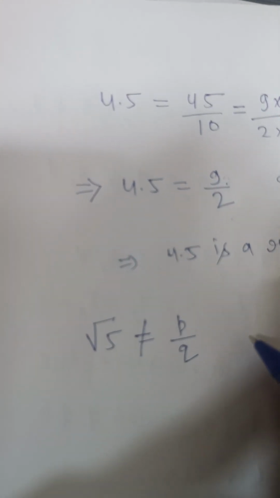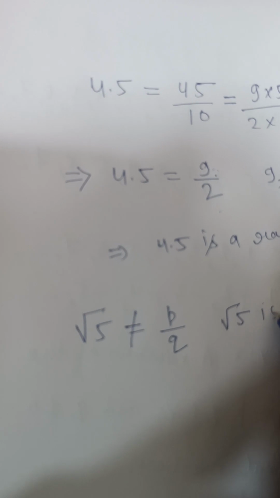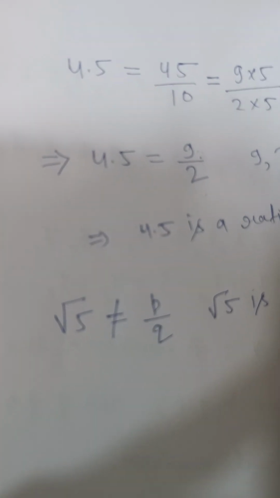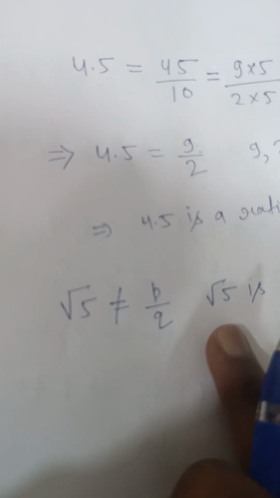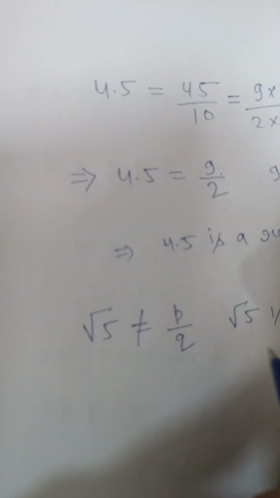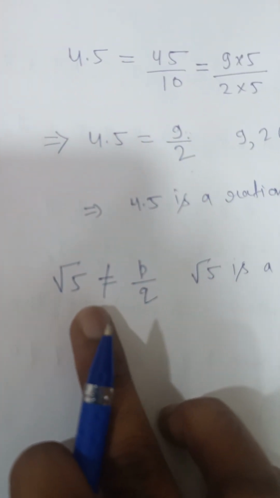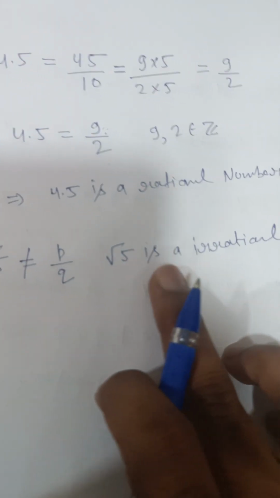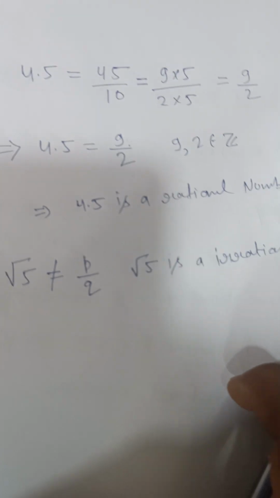So that's why under root 5 is an irrational number because it is not rational. So under root 5 is not a rational number because under root 5 cannot be written as p divided by q, where p and q belong to integers.